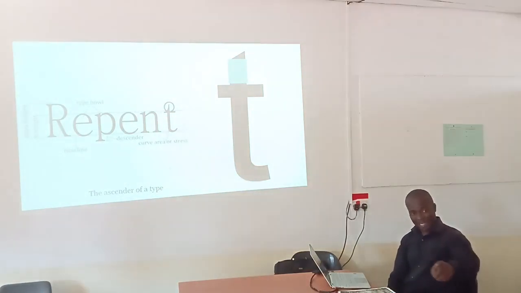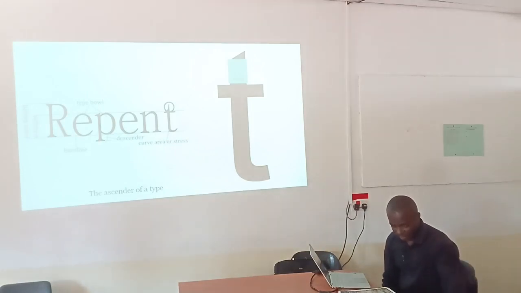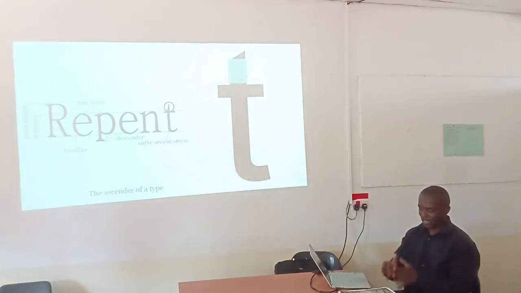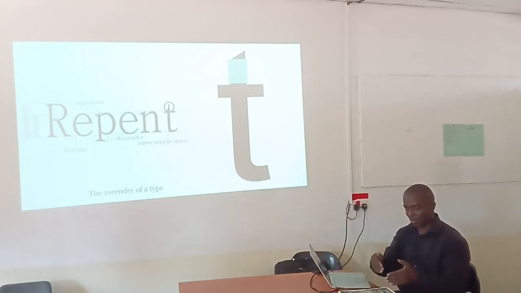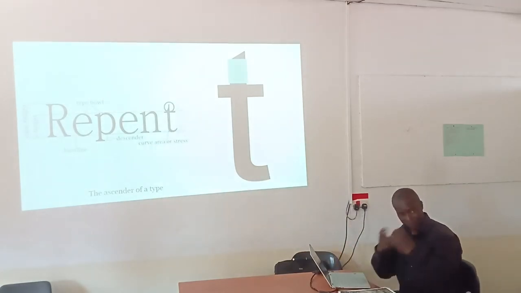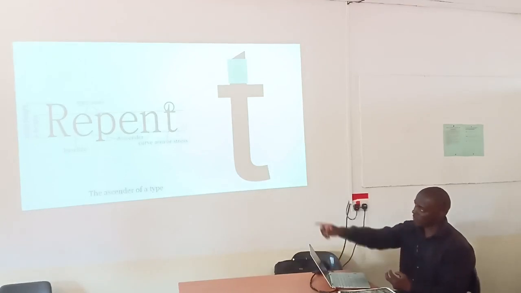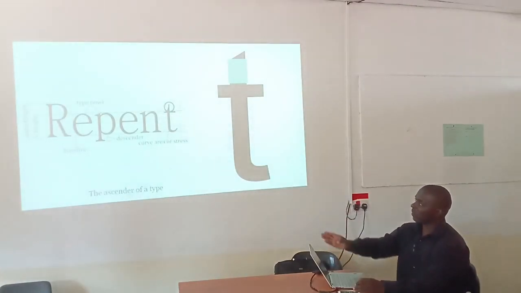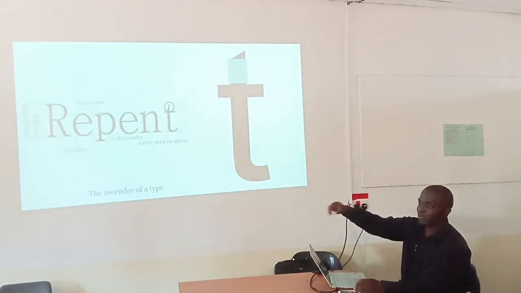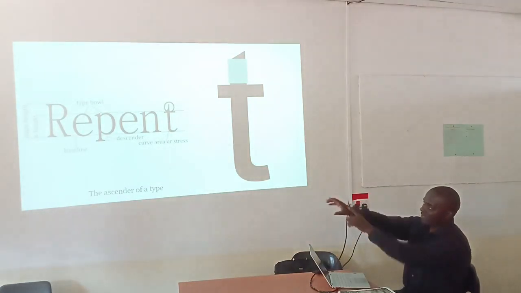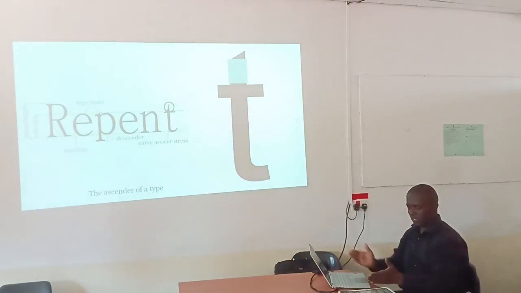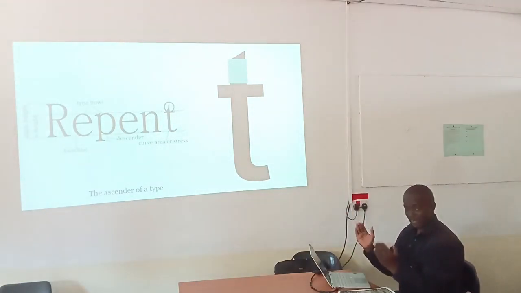That's where this type is coming from. They were modeled before the computer, and physical. When we are going to talk about the computer, we'll be talking about the spacing, how sometimes with characters you may need to reduce space.